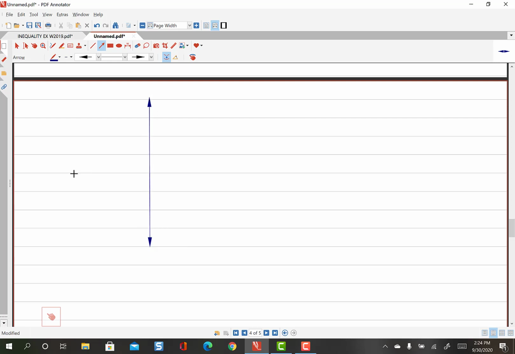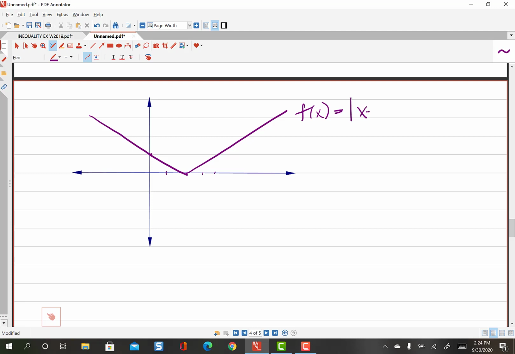Now let's say if I wanted to graph something here. So what I have here is some function f of x is equal to the absolute value of x minus 2.